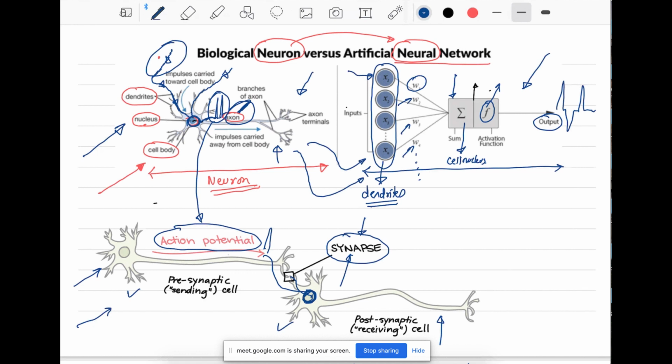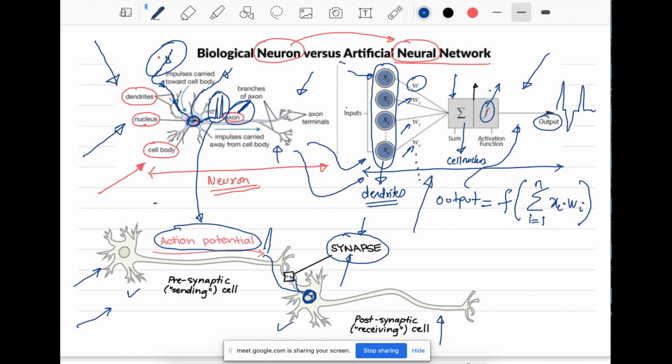If we write the output of this particular block diagram, then what will it be? It will be f, which is the non-linearity acting on the summation of xi wi, where i runs from 1 to n. So this is basically the mathematical equation which governs this particular mathematical model, which is an approximation of the actual neuron, and this is the artificial neuron.